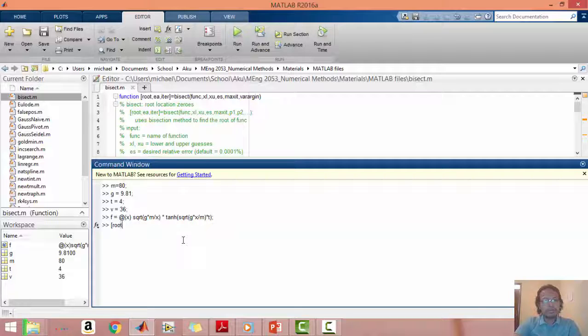So root, EA, iter is equal to bisect, and then here we have the func. We will input the f. XL there is 0.1, and then 0.2 for the XU. The second criterion is 2. Maximum iteration, we can make it 50 if you want, and then close here. Then open.